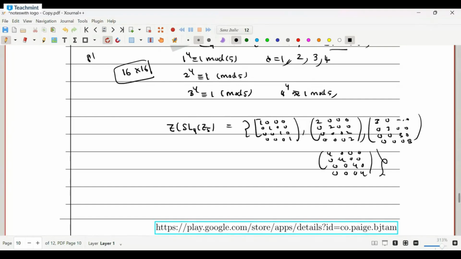So these are the elements belonging to the center of the special linear group of order 4 over the field Z5.